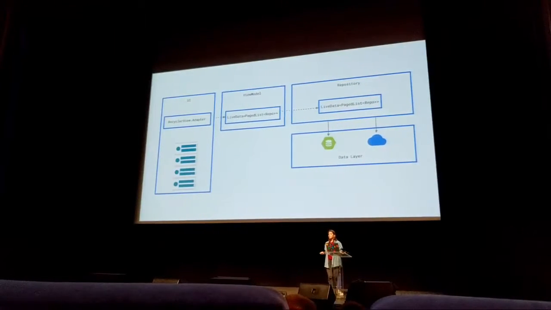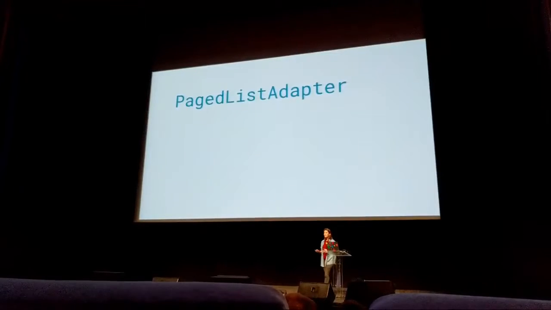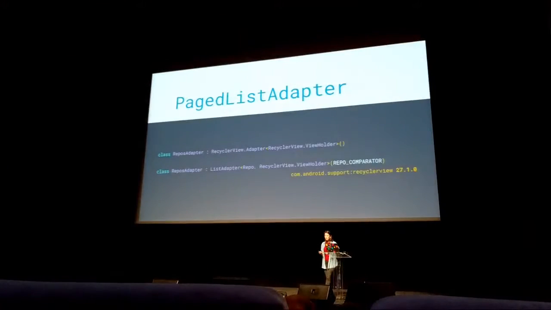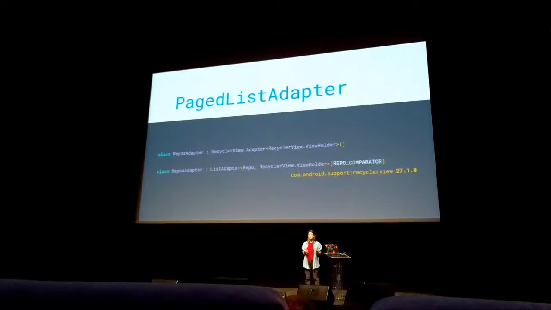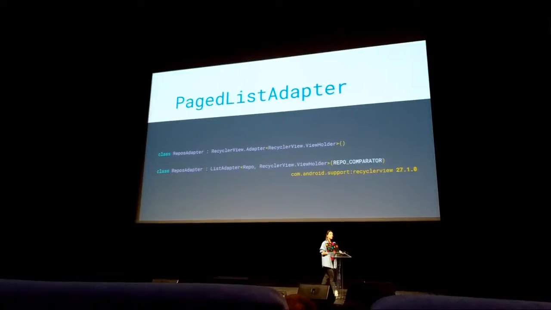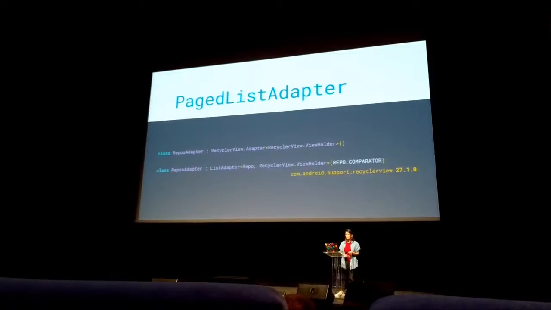But then the paged list will be consumed by the paged list adapter. So by default, when you're using the recycler view, chances are that you're either using recycler view adapter, or if you've already migrated to the 27.1 version of the support library, you might be using the list adapter.